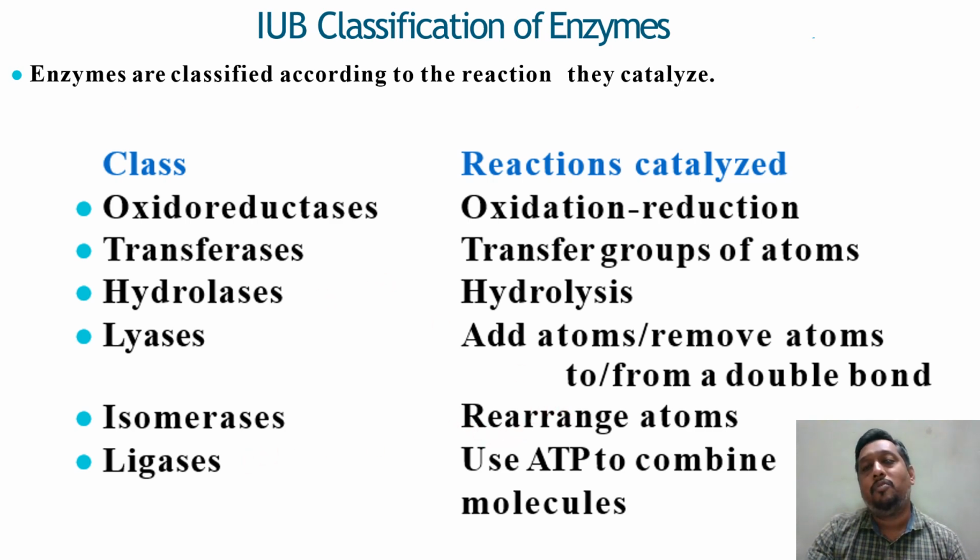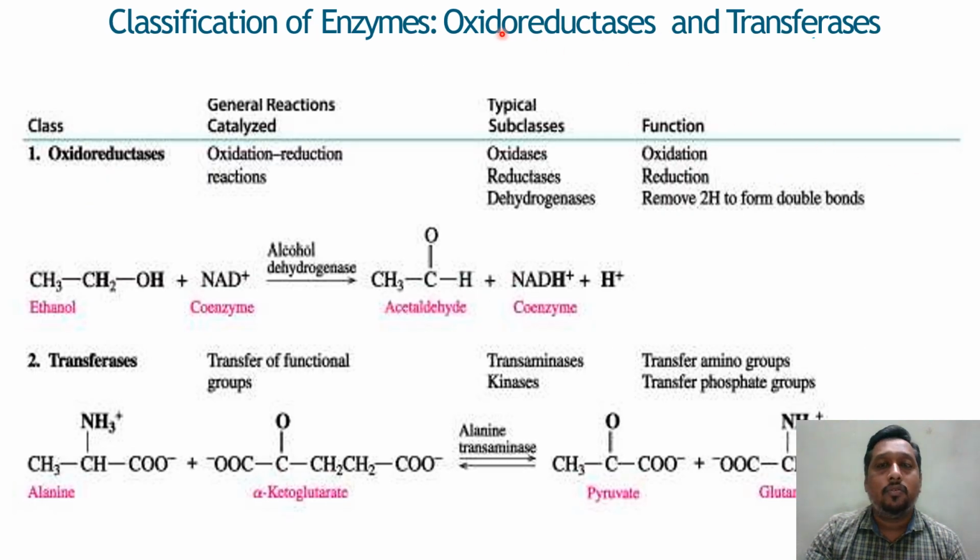Let us see this a little bit further in detail. The class EC1, oxidoreductases, catalyzes, as we all know, oxidation and reduction. The typical subclasses are oxidases, reductases, and dehydrogenases.